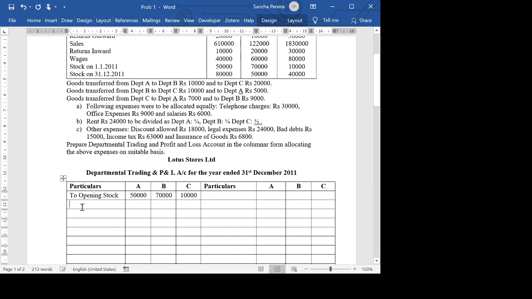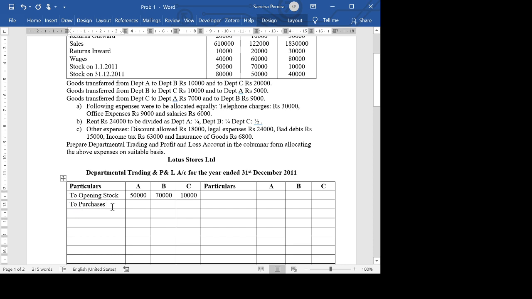Okay. Next, what do we normally have? After opening stock we normally have, what's the next item? Purchases. Now what happens here is, normally when we show purchases in the trading account, we show purchases less returns.